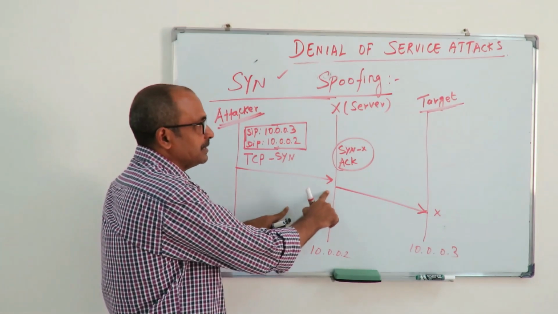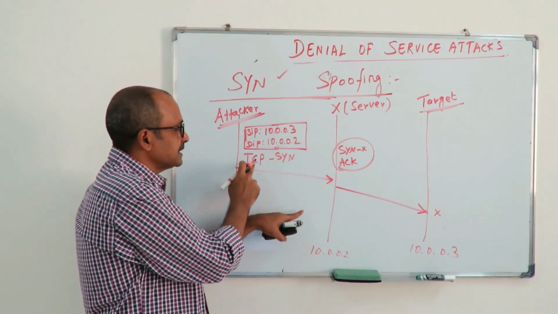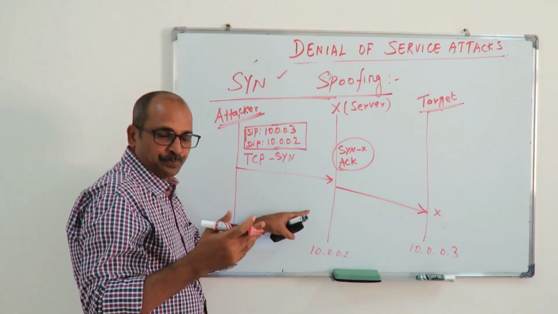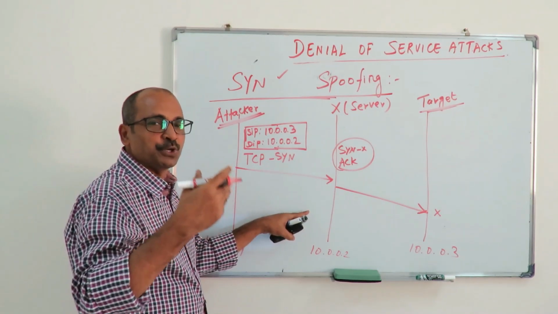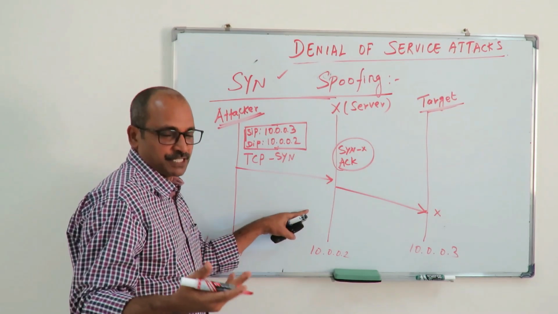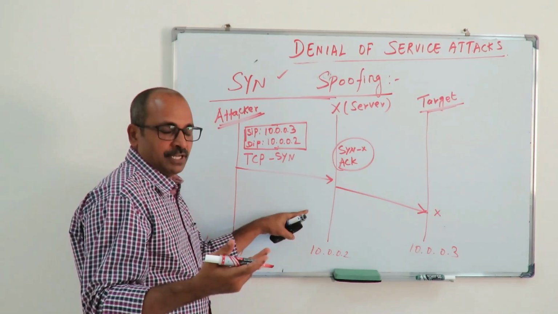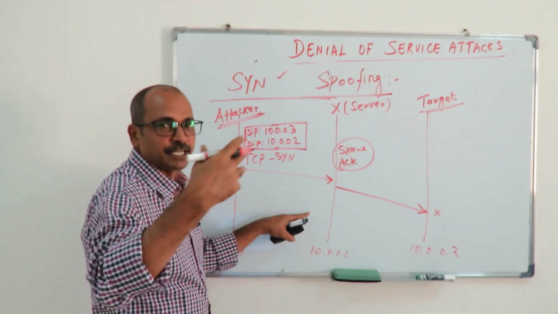Then the server machine is going to wait for a particular time, because TCP is a reliable protocol. In TCP, if you are not getting any reply, you are going to retransmit the same packet. That is the nature of TCP: retransmission. If you are not receiving the acknowledgement, the same packet will be retransmitted again.